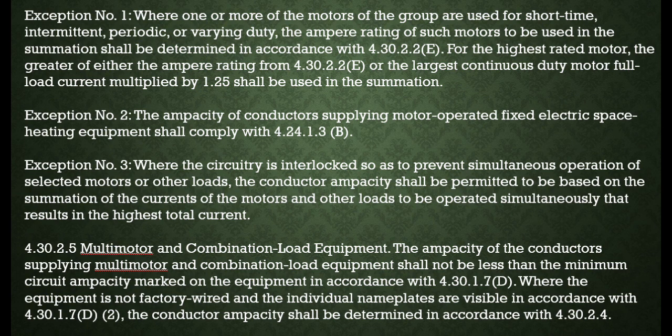For interlocked circuits preventing simultaneous operation, base capacity on the highest total current from simultaneously operated loads. And for multi-motor equipment, use the minimum circuit ampacity marked on the equipment.